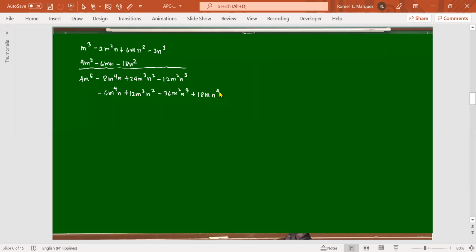Am I right, guys? 18m cubed n squared. Positive 36m squared n cubed. Negative, what is 18 times 6? 108.